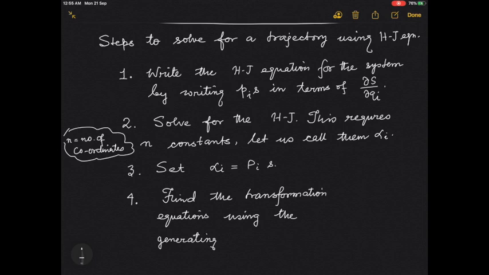This is what we have done before. You see, the problem of solving a dynamical system has become to first find the corresponding generating function and then find the transformation. So that's all the problem of solving a dynamical system has become. So what do I use here?